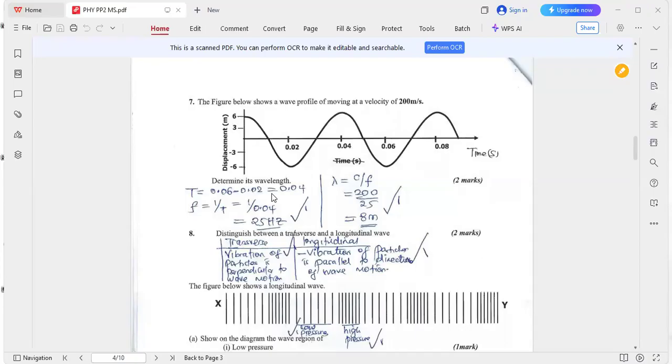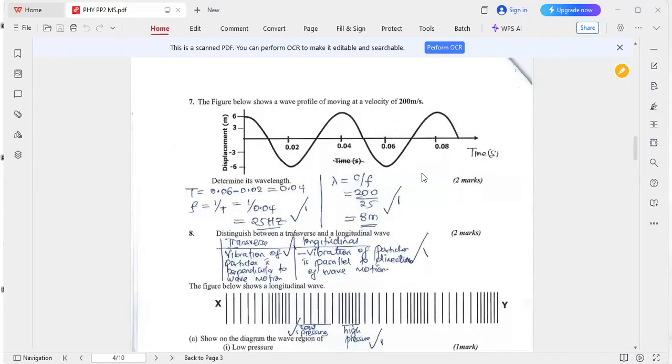So if we pick two successive troughs, then we can see from here where my cursor is up to here. But whatever is on the x-axis is time, not distance.